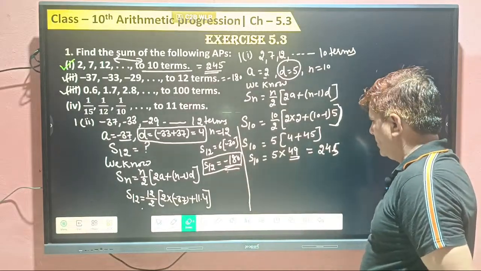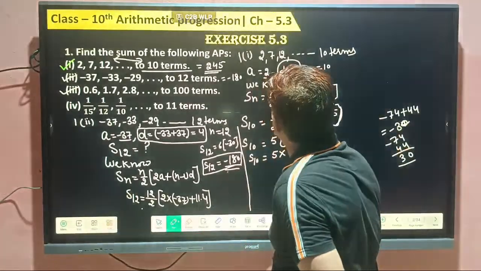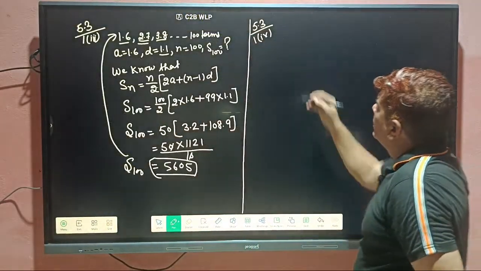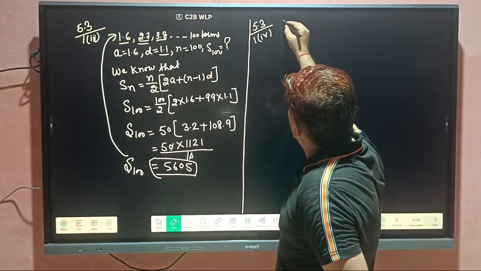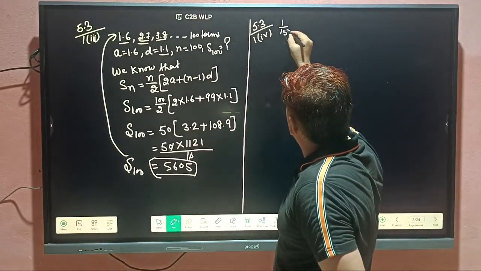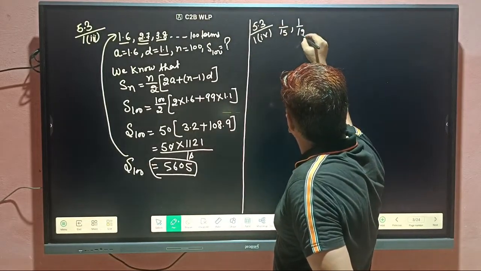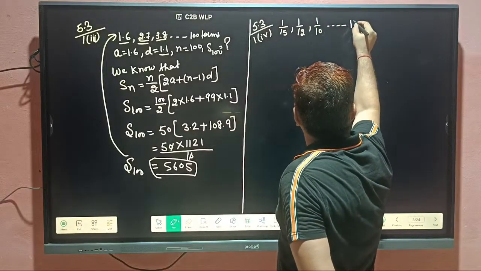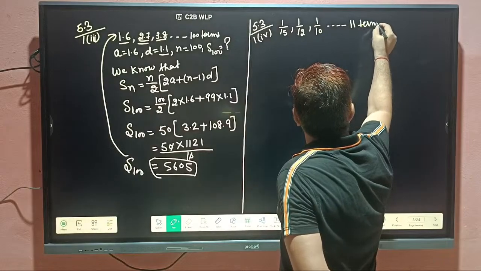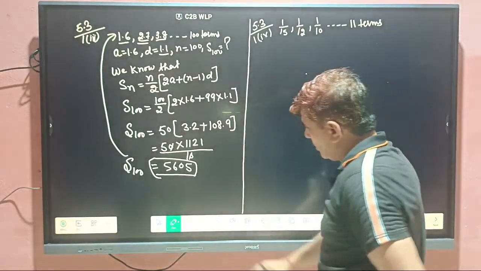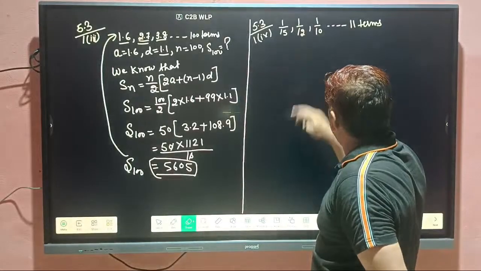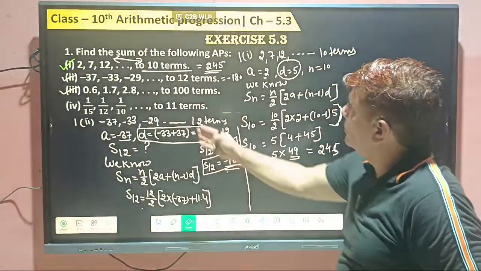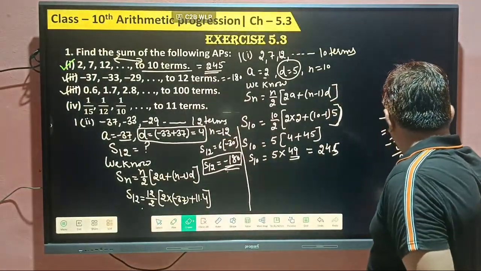So the sequence is 1 by 15, 1 by 12, 1 by 10, like this, 11 terms. You have to find the sum of the first 11 terms of the given AP.